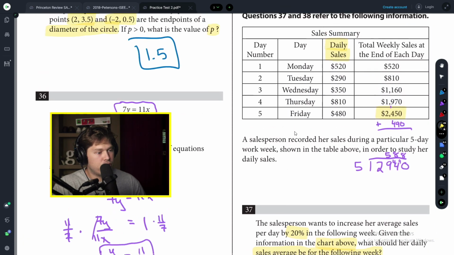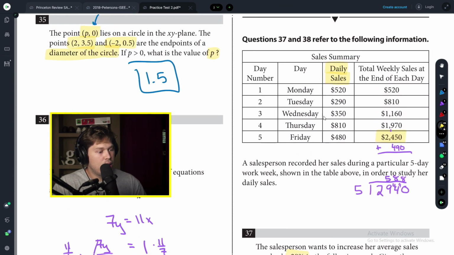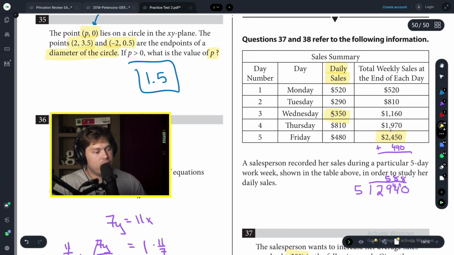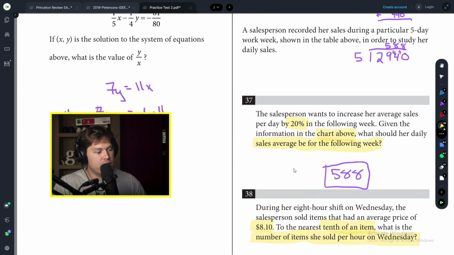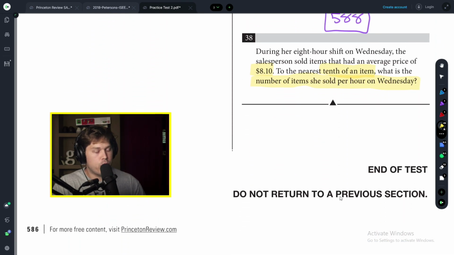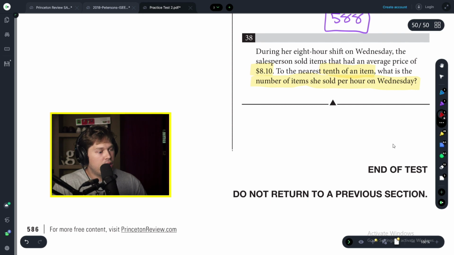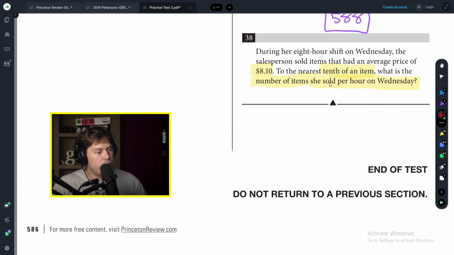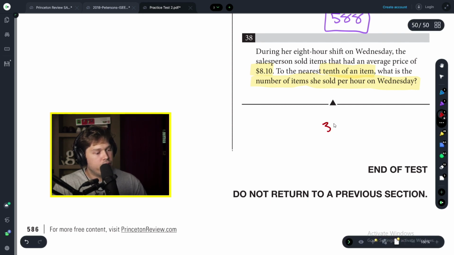Let's go up to our chart and look at Wednesday. Wednesday, she had daily sales of $350. Also we're told that she worked an 8-hour shift. So she sold $350 in that day.